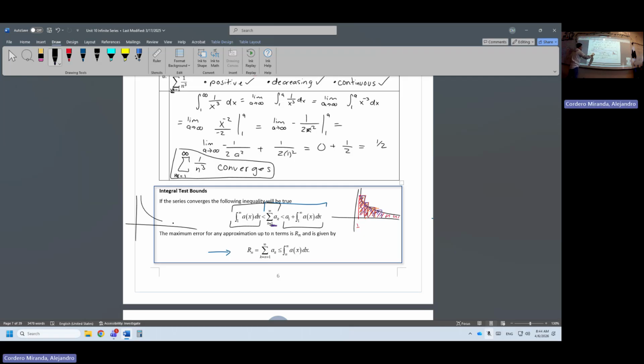for the upper bound, there's my function again. The actual value of the integral is that red area. What this bound says is, now think of it as a right Riemann sum. Here's the value of the first term. That's A1, the area of that rectangle. Here's the value of the second term.